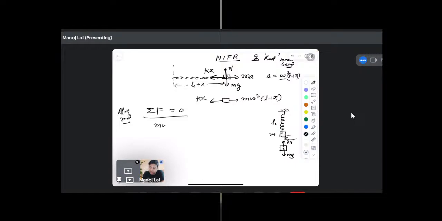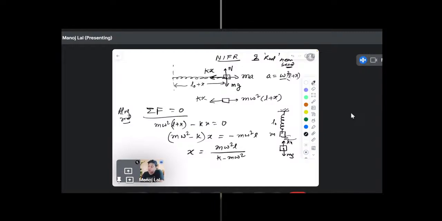m omega square (L plus x) minus kx is equal to 0, and I can write (m omega square minus k) into x equals minus m omega square L. Or I can say x is equal to m omega square L upon (k minus m omega square).